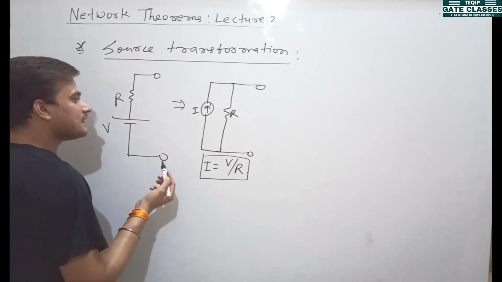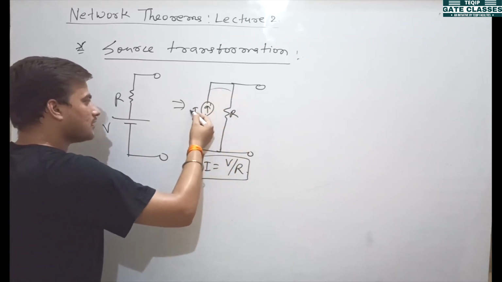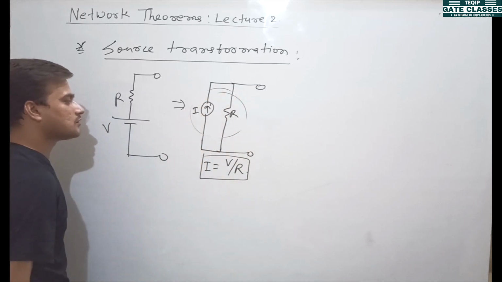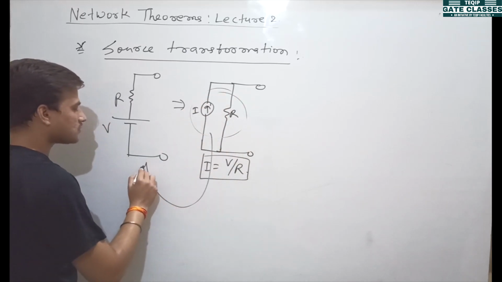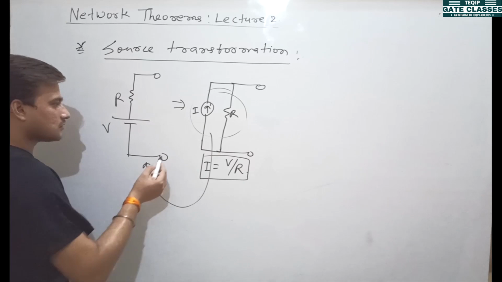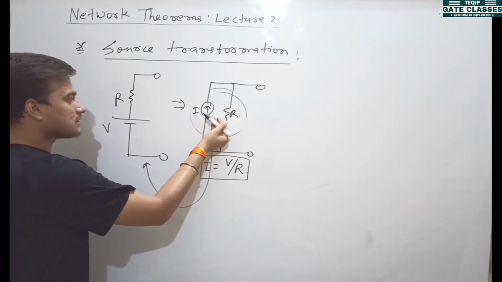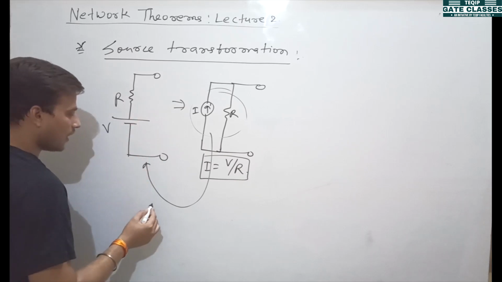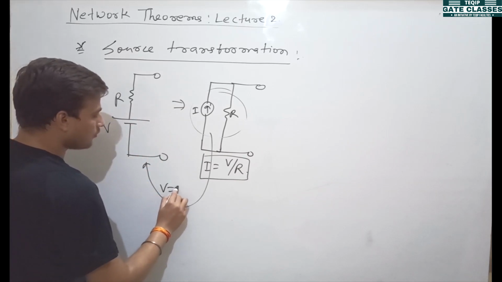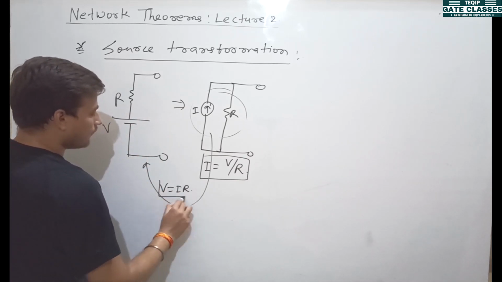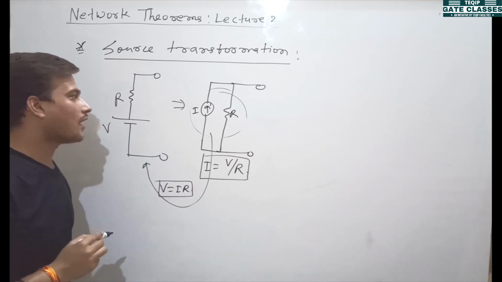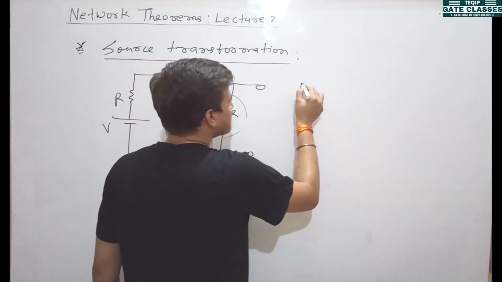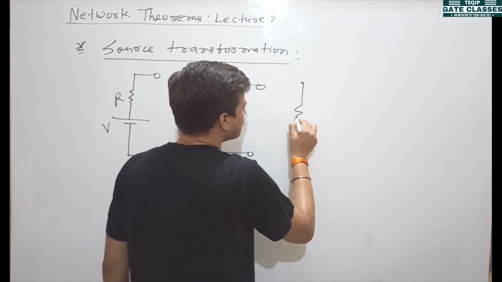Now suppose you have a current source and you have to convert it into a practical voltage source. Then the circuit will become this one, and here V will be equal to I into R. The source transformation is applicable in the case of dependent source also.